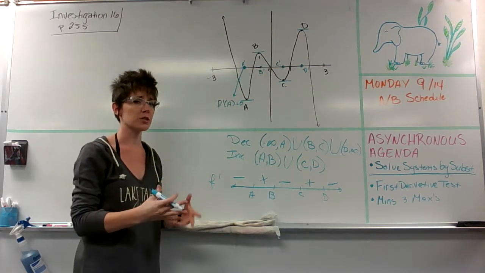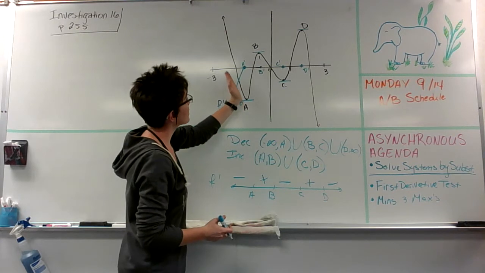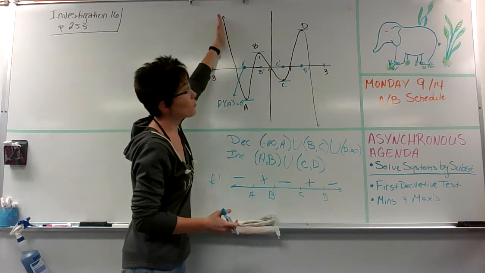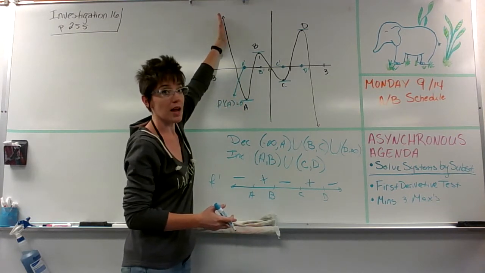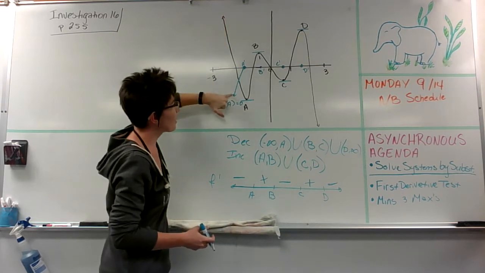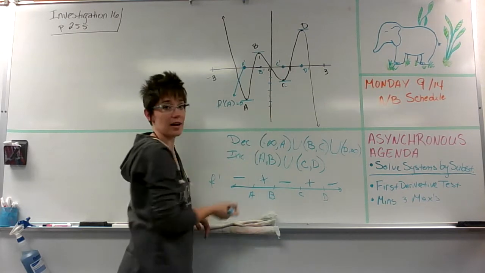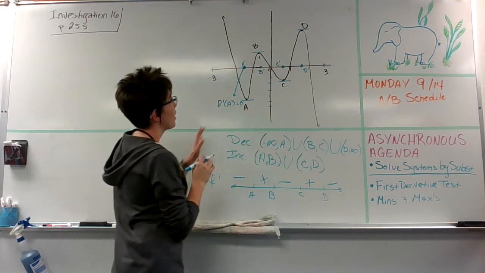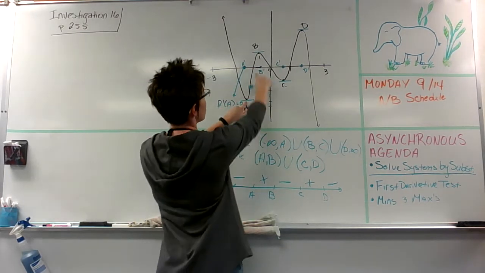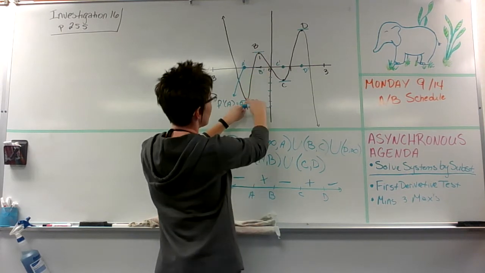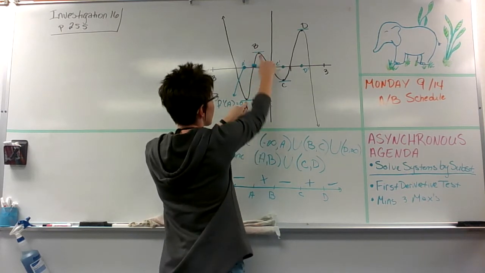I'm not being super specific, but take a look that as I continue up, those slopes get really steep in a negative way. So I know that the slope values are getting bigger and bigger down here along the y-axis. All right, from A to B, they're increasing, they're positive.